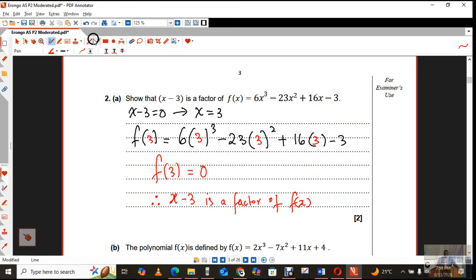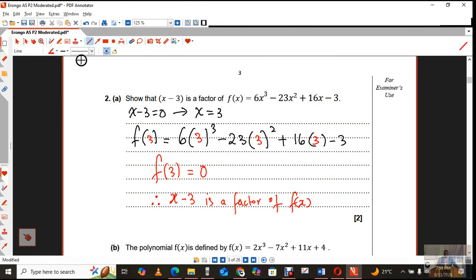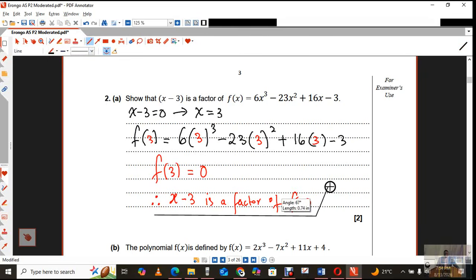You can also say that. All right, we know exactly what it means. So that is the deduction conclusion I make because I've been using the remainder theorem to prove that. There's no need for you to do long division or synthetic division. That's not a requirement here.